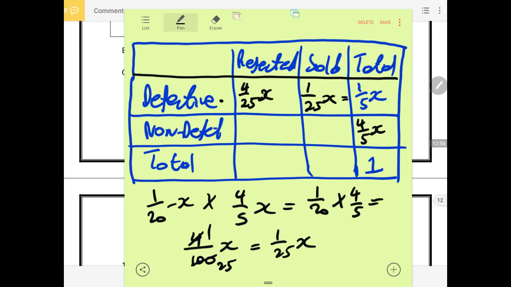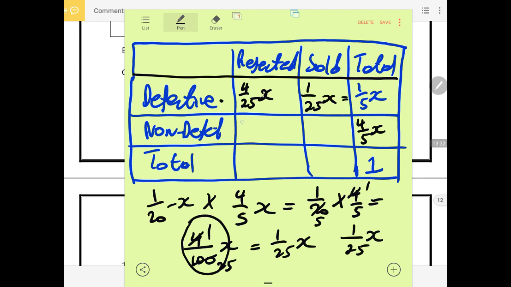At the same time, you can simplify it further by saying 4 goes to 4 once, 4 goes to 20 five times. 1 times 1 will be 1. 5 times 5 is 25. So you could have said 1/25 immediately, without having to multiply and get to 4/100. After you simplify, you could have said that on the spot.